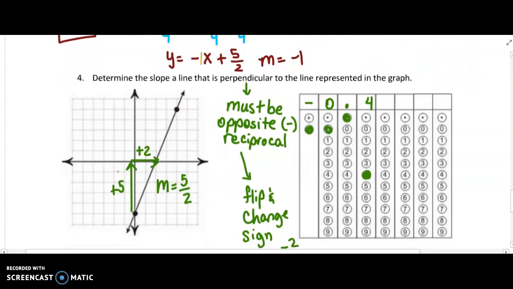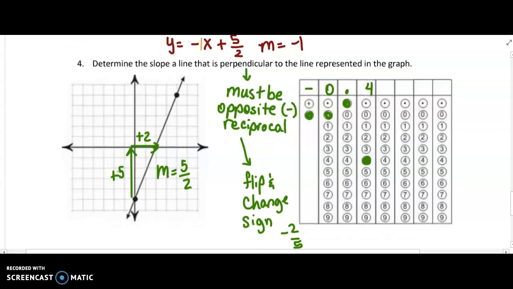Next one says determine the slope of a line that's perpendicular to the line represented in the graph. First thing you have to do is find the slope using rise over run. And that's exactly what it did. Went up 5 and to the right 2. That's this slope. Well, for it to be perpendicular, the slope must be opposite reciprocals. That means flip it and change the sign.